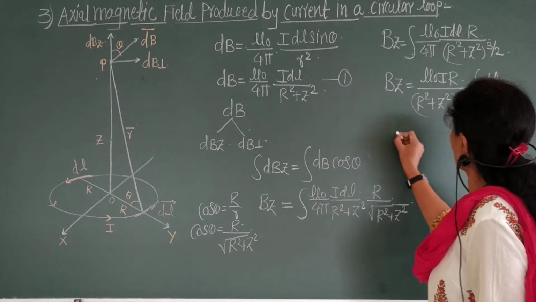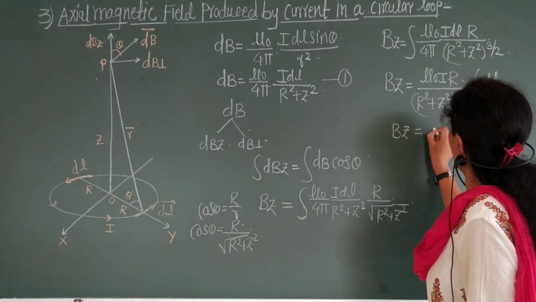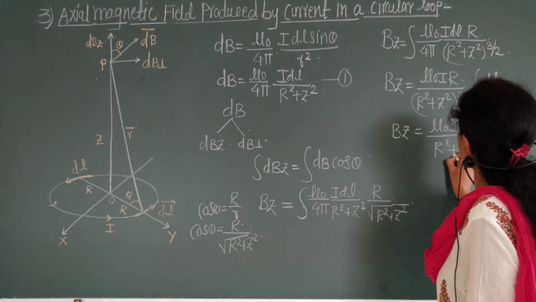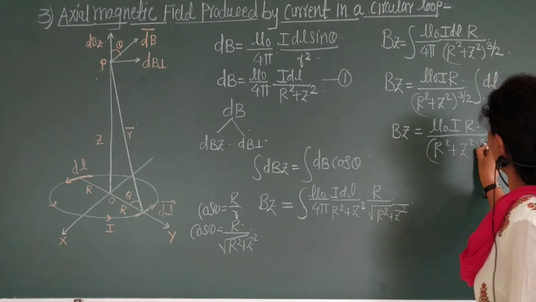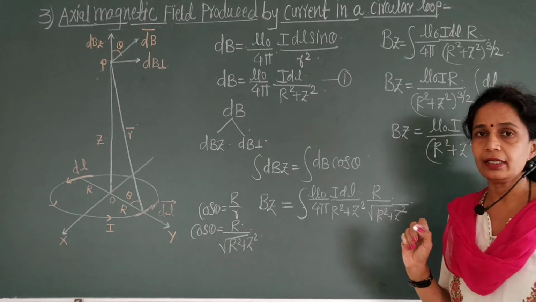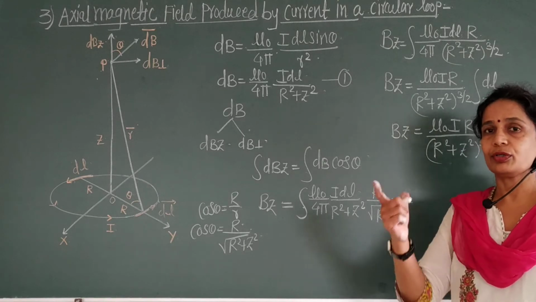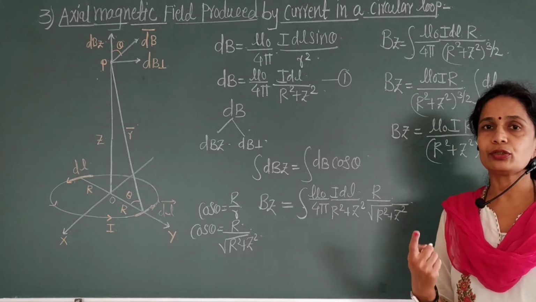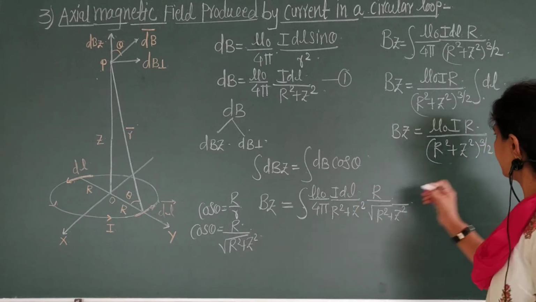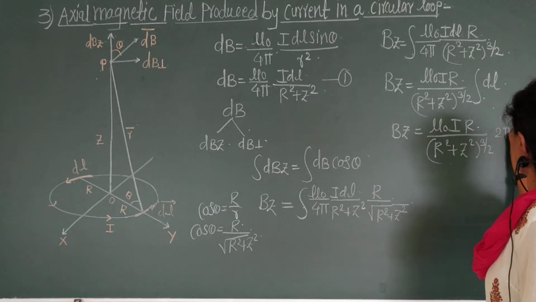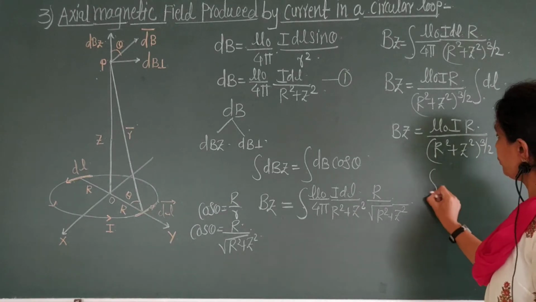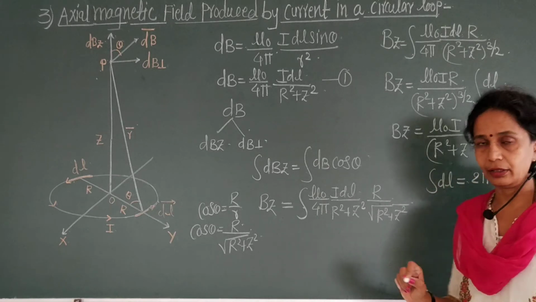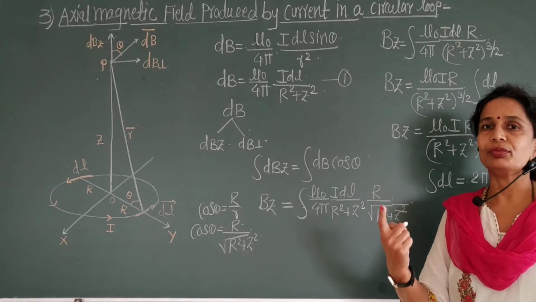What is the integration of dl? Integration of dl is L, and what is L? L is the length of the loop. What is the length of the loop? Length of the loop is 2 pi R. We put the value of integration of dl equal to 2 pi R, which is the length of the loop.